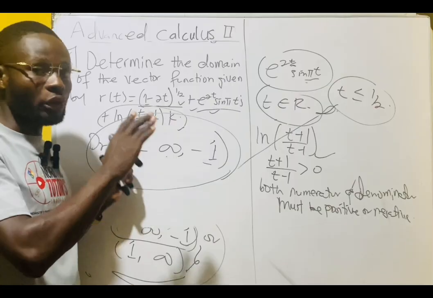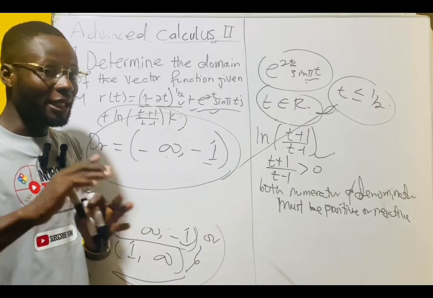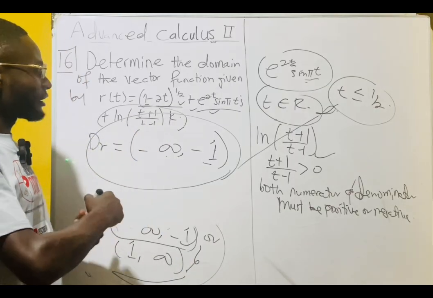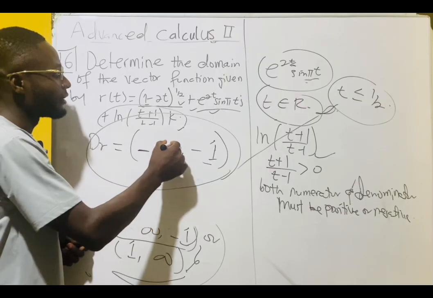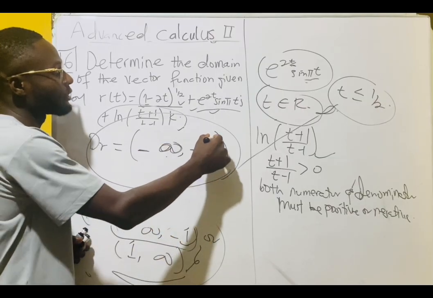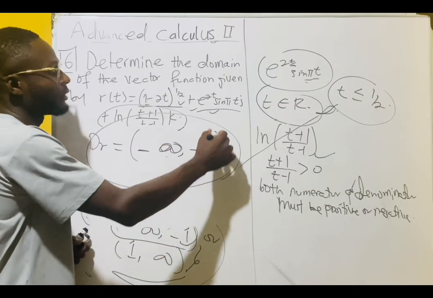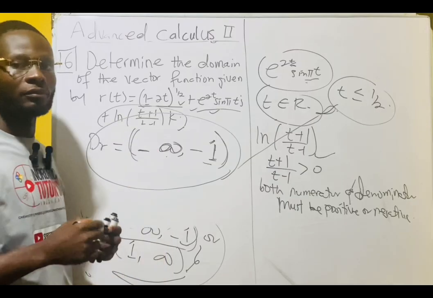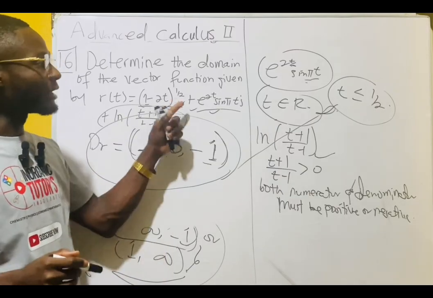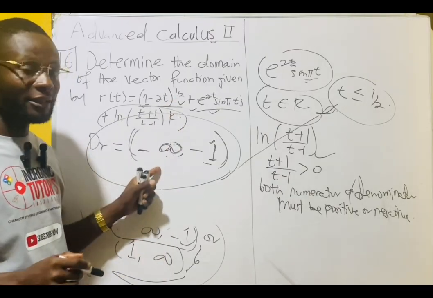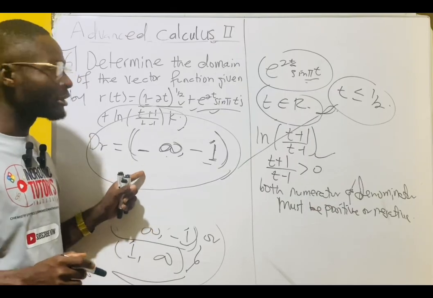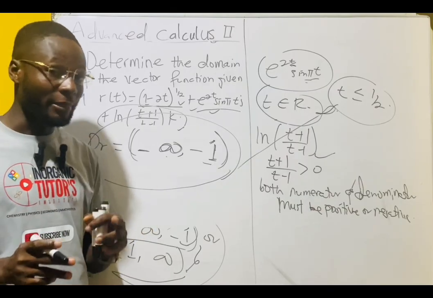So when you draw the number line, the intersection is going to be negative infinity to negative 1 exclusive. All right, and that will make this function defined, and that becomes the domain. So that is question number 6.